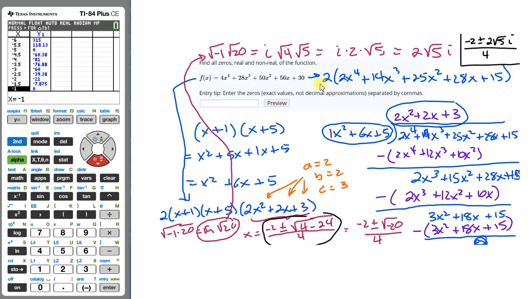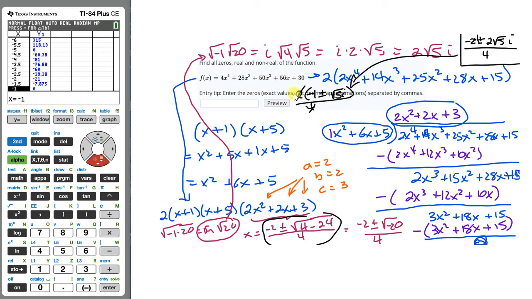So I can rewrite that as, let me kind of finish it over here. We're looking for empty space. We can factor out a 2. So I'll factor out a 2, and then I have -1, because when you factor a 2 out, think of this as a 2 times a 1. Okay, so when I factor a 2 away, I'm left with -1 plus or minus root 5i all over 4.